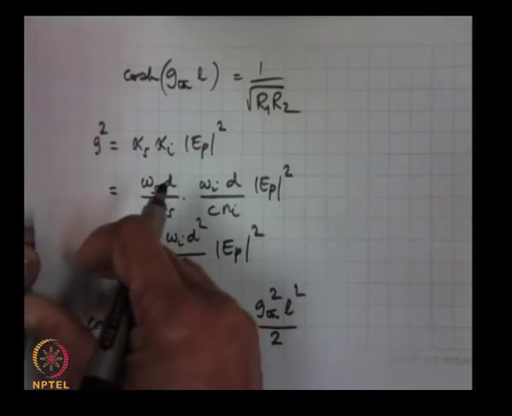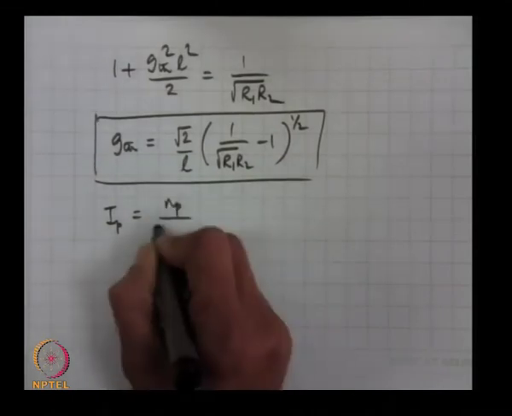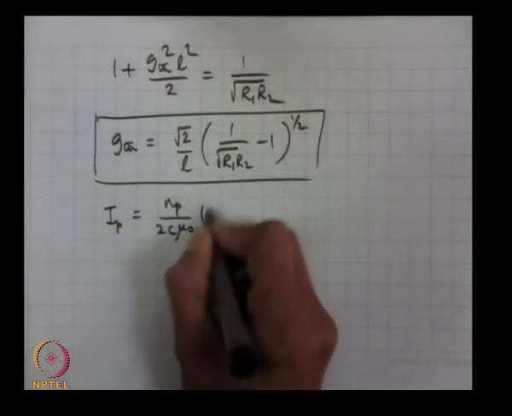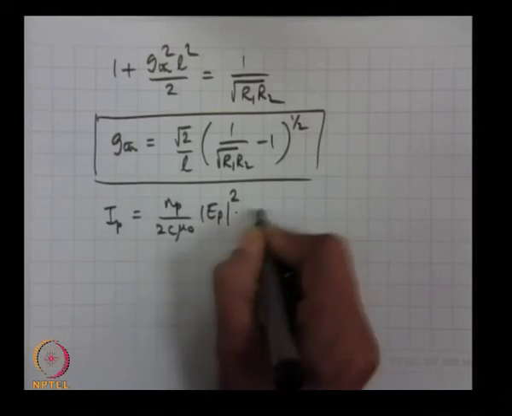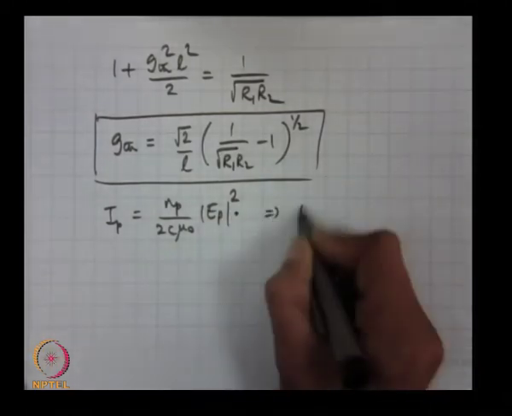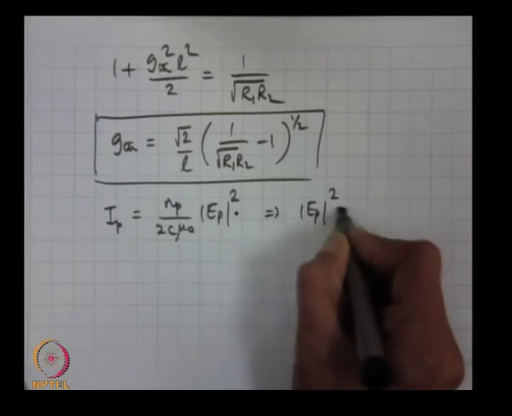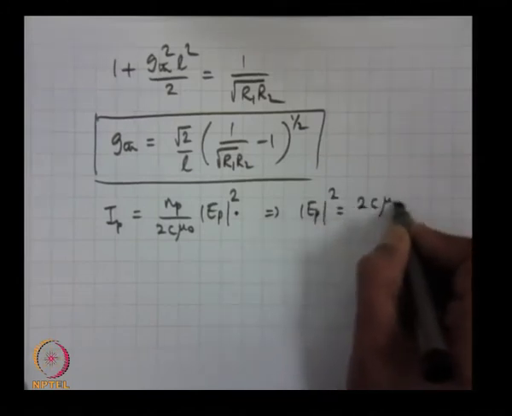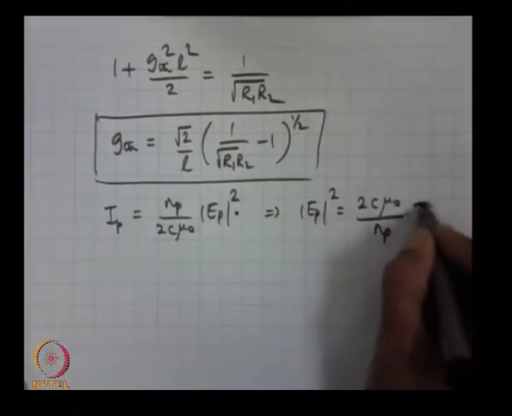So I have IP is equal to NP by 2C mu 0 mod EP square. So this implies mod EP square is 2C mu 0 by NP into IP.